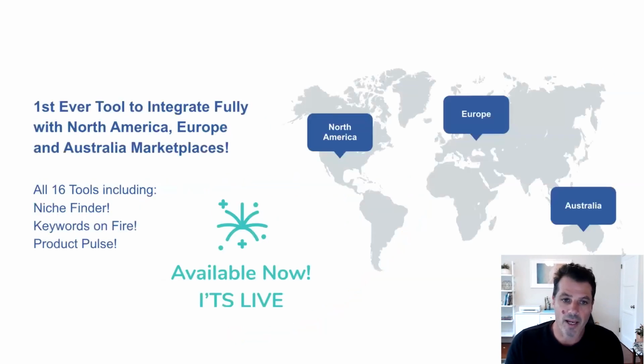So the first point I want to make, and this is just important to set the tone for the data that we look at, but from a ZonGuru perspective and from an Amazon seller perspective, ZonGuru is the first tool in the marketplace to have a fully integrated tool set for research and sellers for North America, Europe, and Australia.